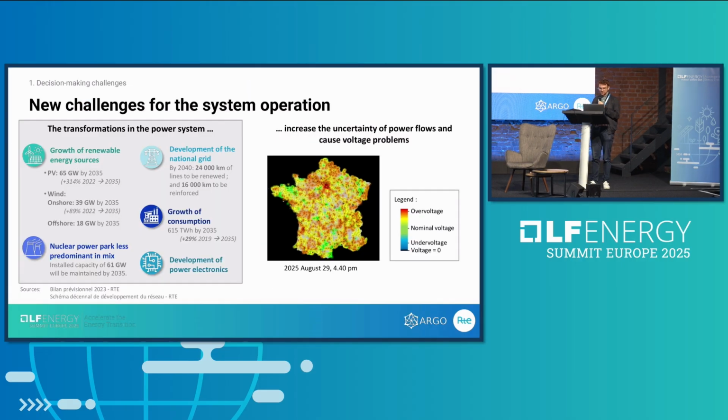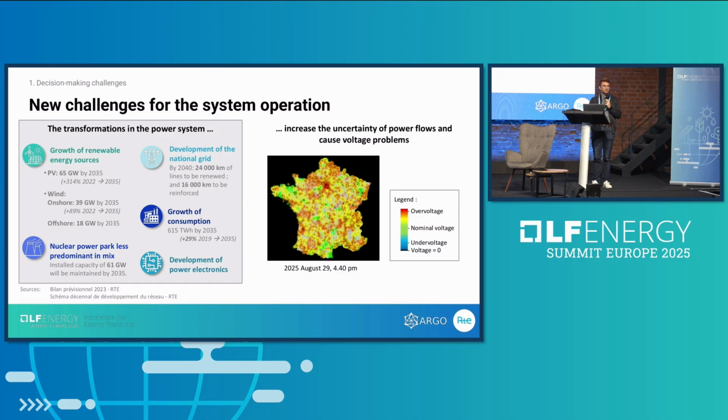So first of all, let's motivate this choice for graph neural networks. As you may already know, there is a huge transformation going on in the electric system. There is the growth of renewable energy sources, the fact that nuclear power plants are going to take a smaller part in the energy mix in the future.